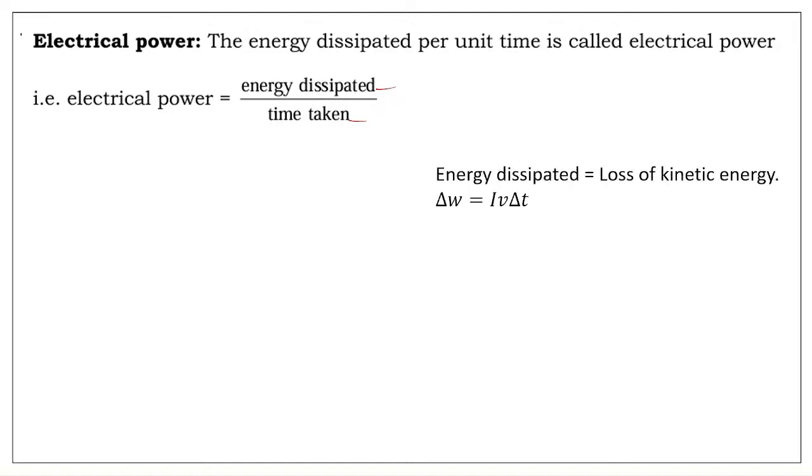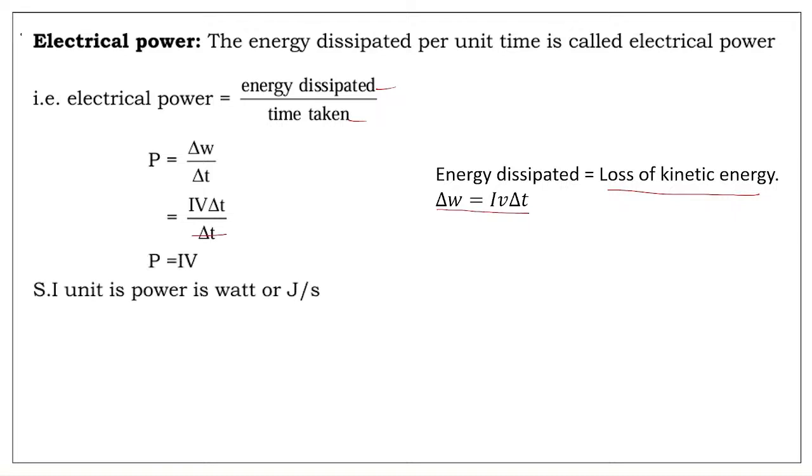Here, energy dissipated is equal to loss of potential energy, that is, delta W is equal to I V delta T. Now substituting, we get P is equal to delta W by delta T, that is equal to I V delta T by delta T. Delta T in the numerator and denominator cancel. We get P is equal to IV. The SI unit of power is watt or joules per second.